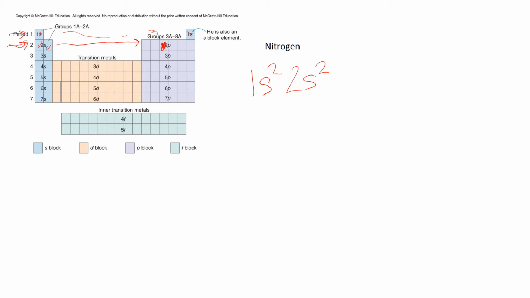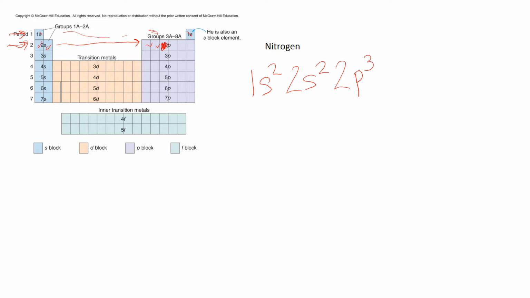We now have a new block, so I need to again restate what energy level we're in and state what block we're in. We're now in the P block, and I have 1, 2, 3 boxes until I get to nitrogen. So I put 2p3. So my electron configuration is 1s2, 2s2, 2p3.